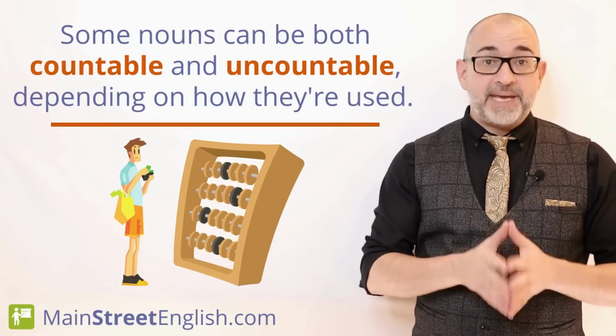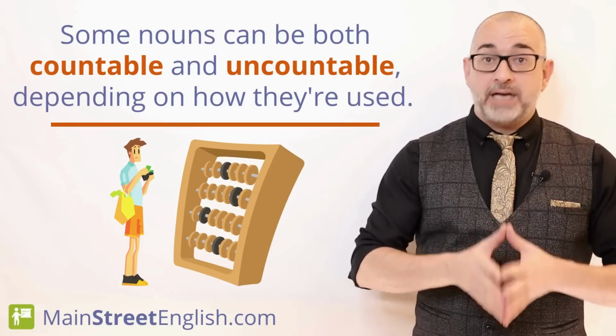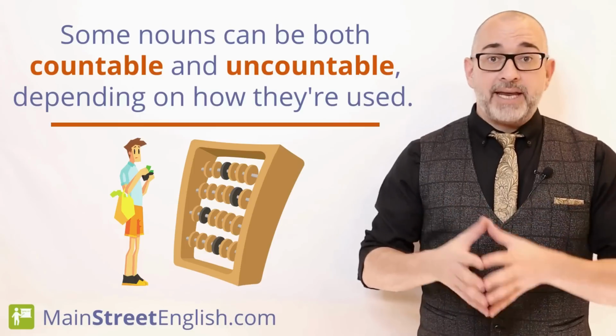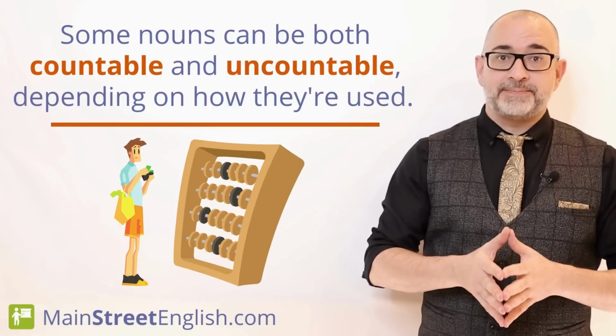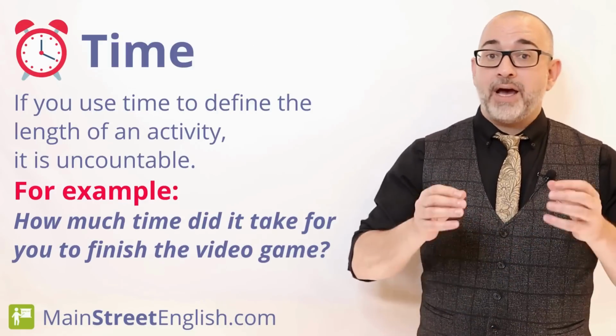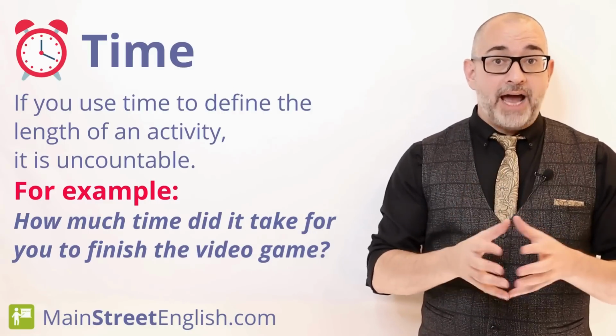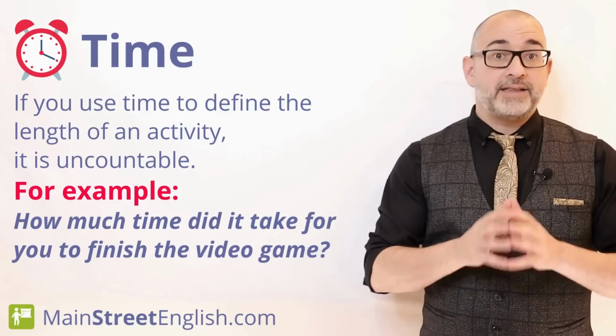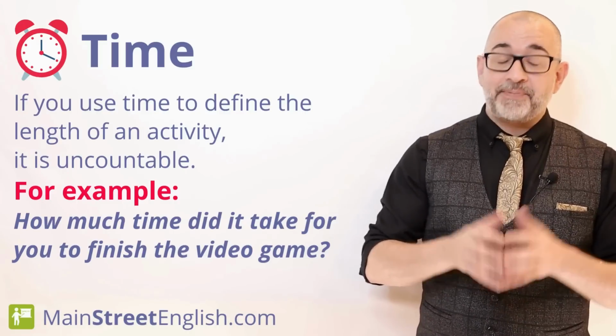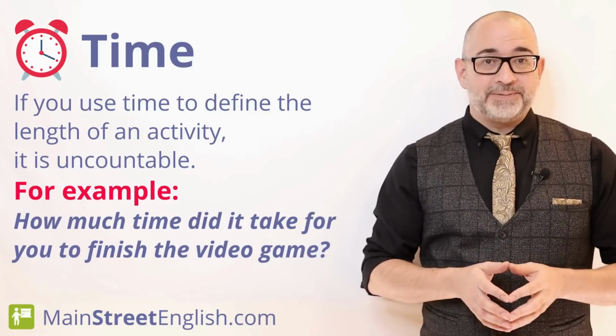Some nouns can be both countable and uncountable, depending on how they're used. For example, time. If you use time to define the length of an activity, it is uncountable.